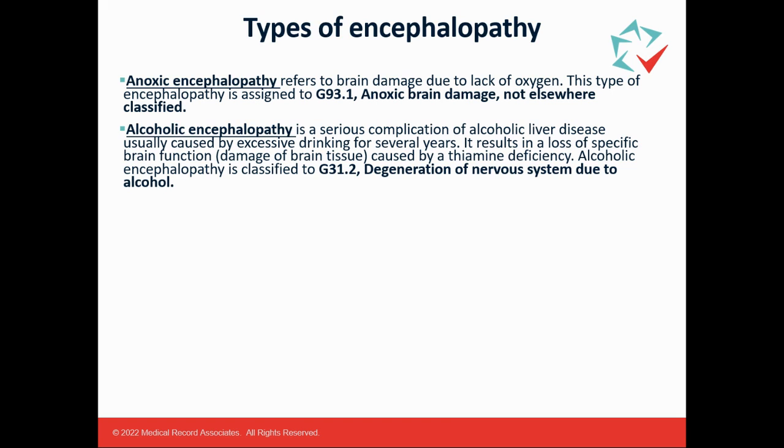And this is a serious complication of alcoholic liver disease, usually caused by excessive drinking for several years. It results in a loss of specific brain function, damage of brain tissue caused by a thiamine deficiency. Alcoholic encephalopathy is classified to G31.2.